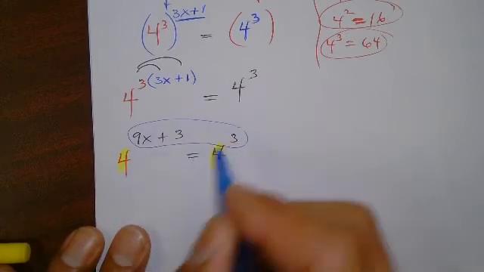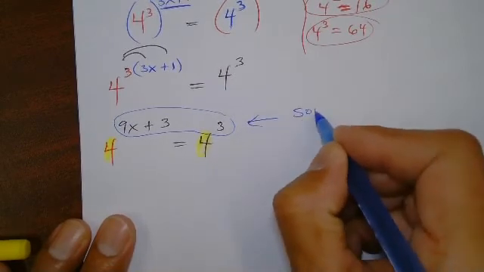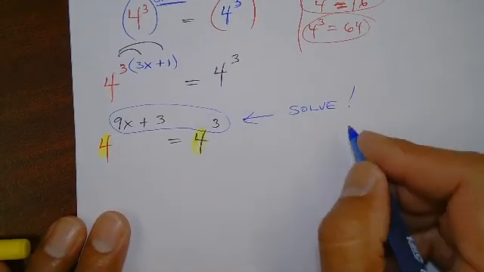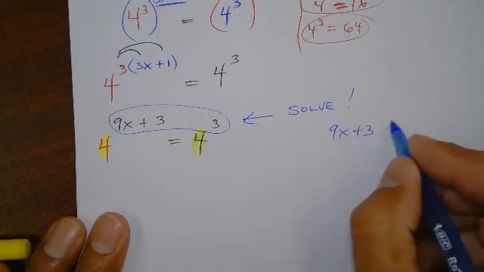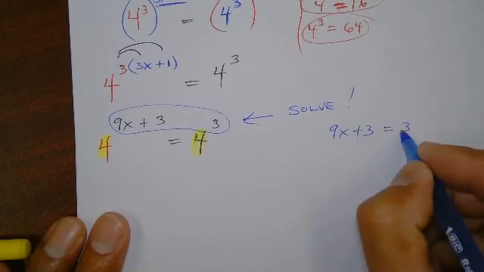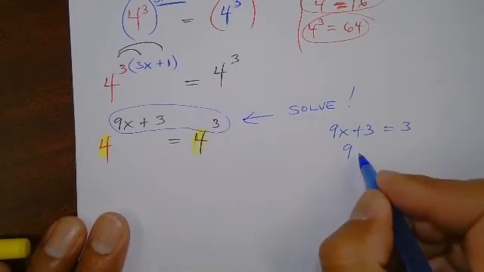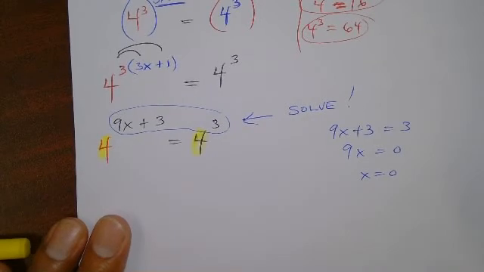And then now you can solve, and we put these exponents equal to each other and solve. That'll be 9x plus 3 equals 3. Oh, we're going to get 0? Looks like it.